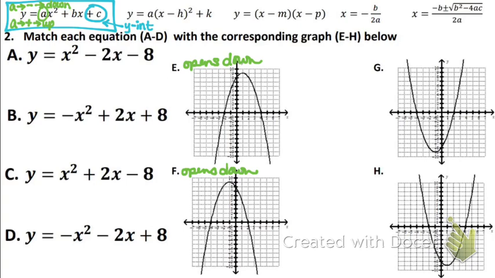Looking at the equations, which of those equations open down? B. I see this negative right here, and so I know it opens down. Do any of the others open down? D also opens down because it's got this negative.